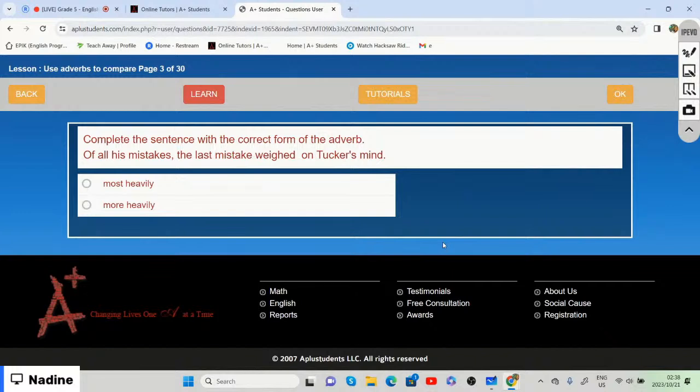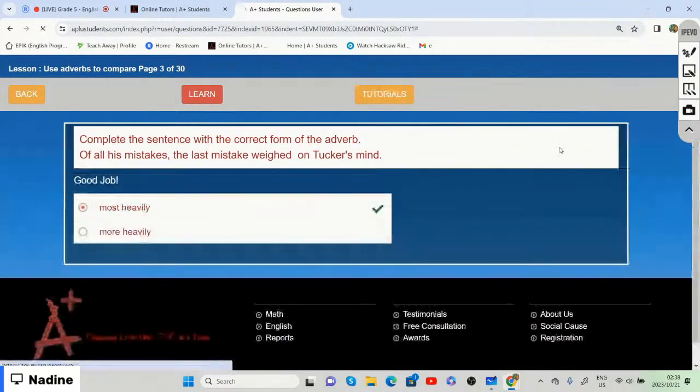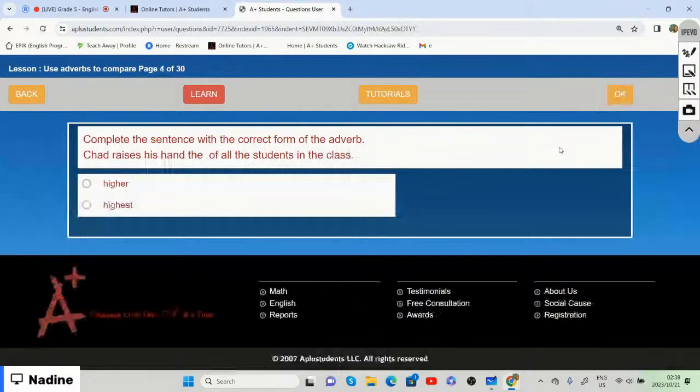The last mistake weighed. So of all the mistakes, the last mistake weighed most heavily or more heavily on Taka's mind? All right, let's choose the first one, which is most heavily, because they're saying of all his mistakes. And most heavily is correct. So well done. Good job.